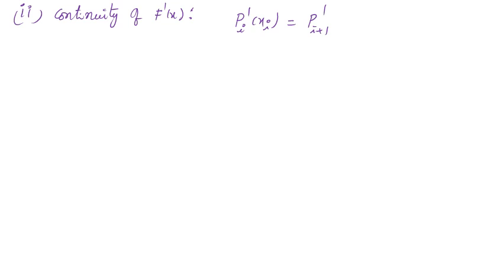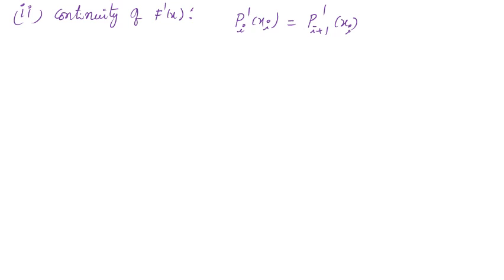Next, the second one is continuity of f dash x. Again the same logic. The meaning is that pi dash of xi must be equal to pi plus 1 dash of xi.